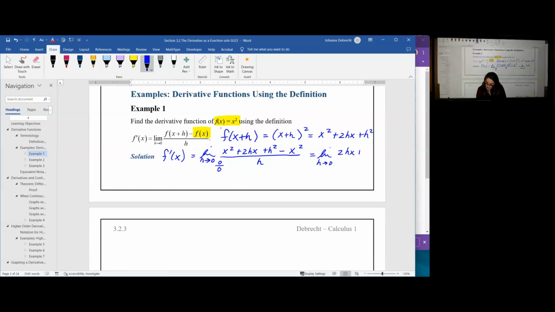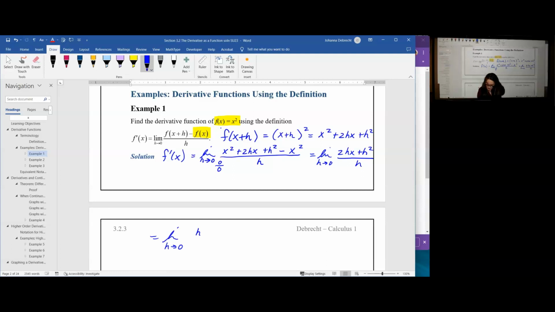When I clean it up a little bit, I get the sum of these two, but again, I'm still going to get 0 over 0. So the next thing I'm going to do is factor out an h. Even if I could factor out more, the only thing I'm interested in canceling is this h in the denominator that's causing the problem.